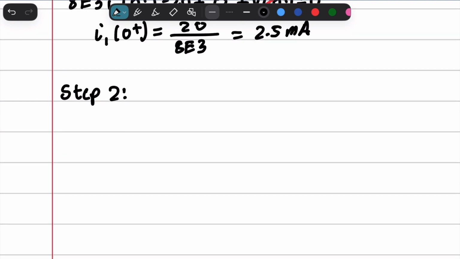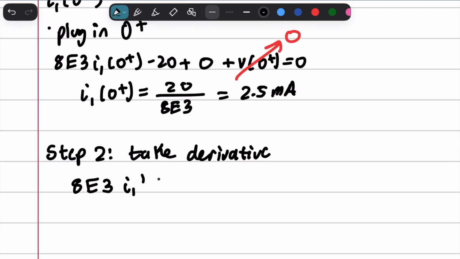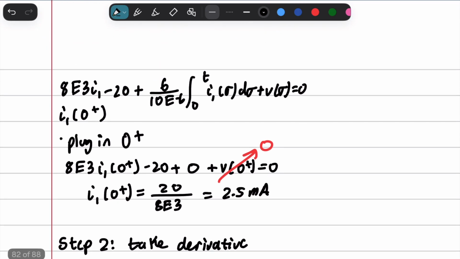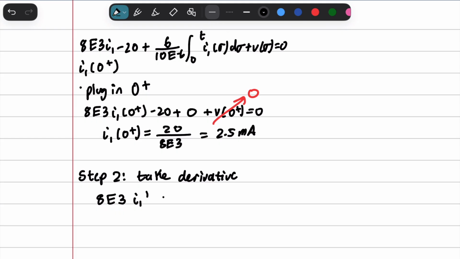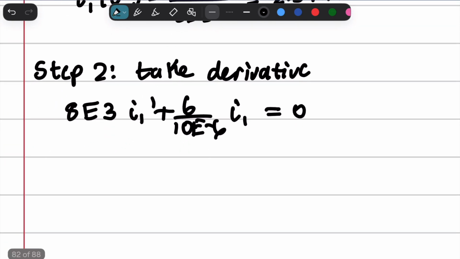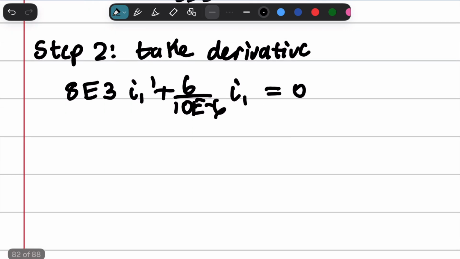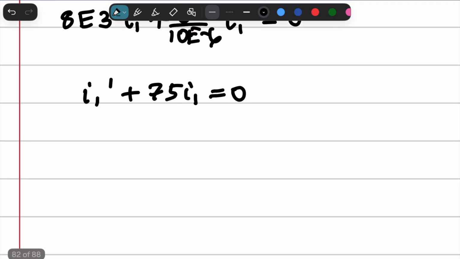Finally, we can take the derivative and solve. So derivative of 20 is 0. We're going to take the derivative of that integral, which is just the integrand. We're going to divide both sides by 8e3. And wonderfully, we get 75 I1 equal to 0.